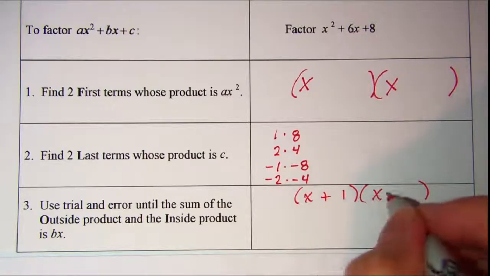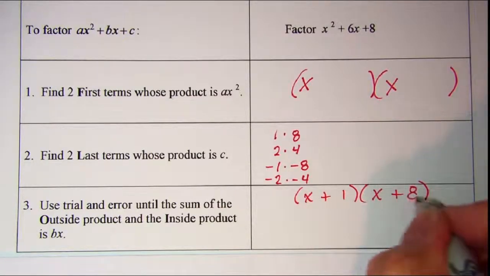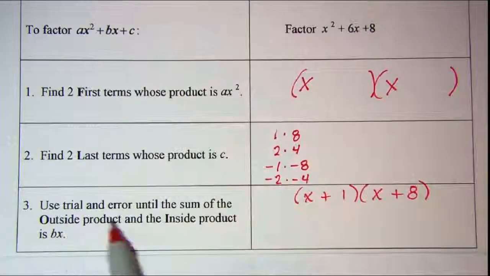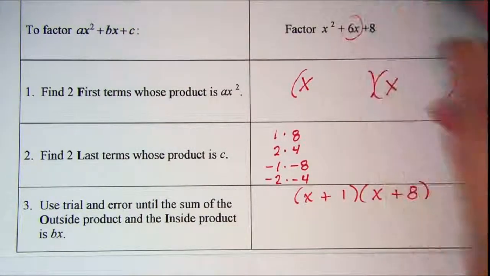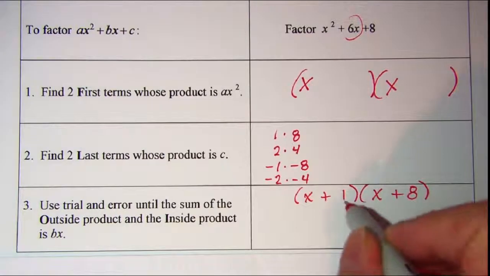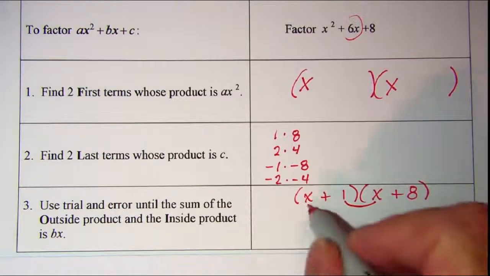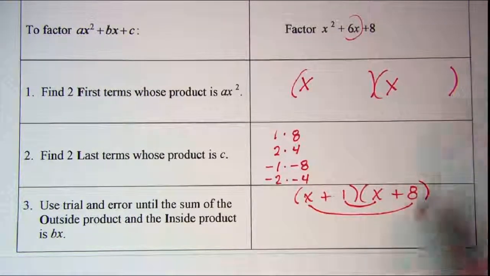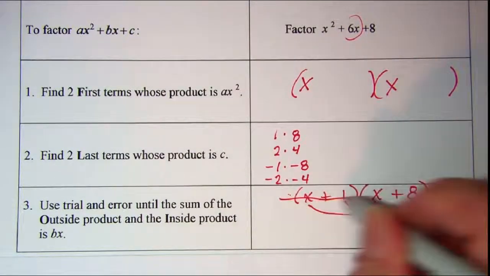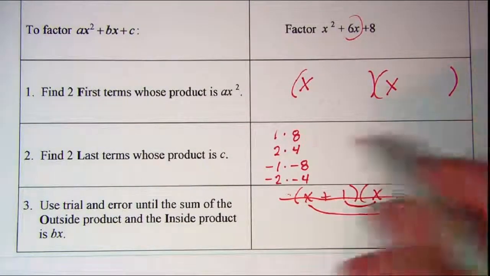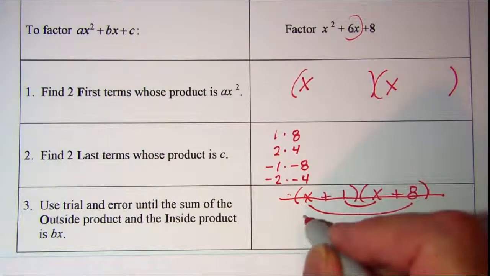I need the outside product and the inside product to be 6x. When I multiply the outside and the inside together here, I get 8x plus 1x is 9x. So this doesn't work.